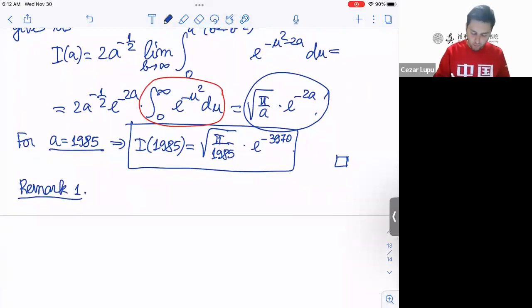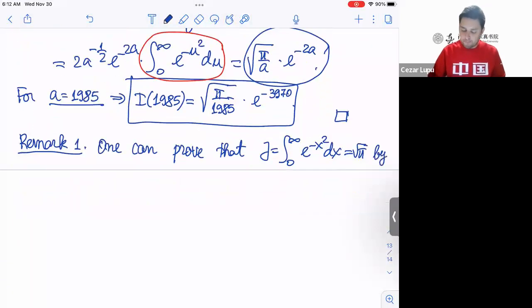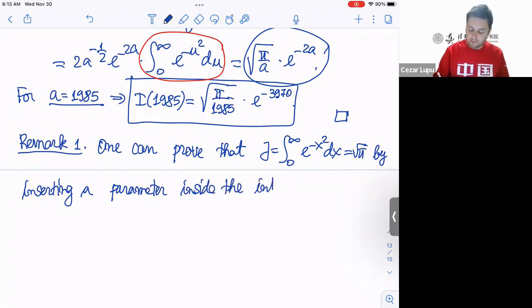So one can prove that this integral, let's call this J, the integral from 0 to infinity of e to the negative x squared dx, is the square root of pi, by inserting a parameter inside the integral. In other words, what we call the Feynman trick.